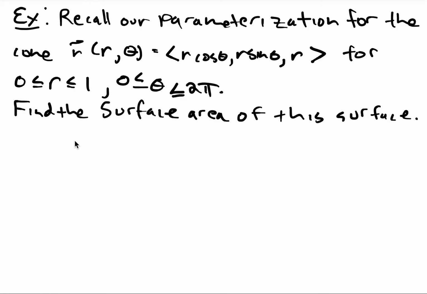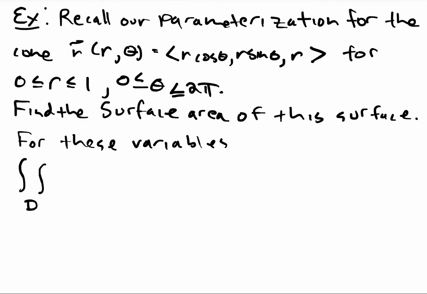Now, if I want the surface area of this thing, I can just try to chuck this into my formula. For these variables, we're not necessarily using u and v. I'm basically going to want to set up whatever my r theta region is.